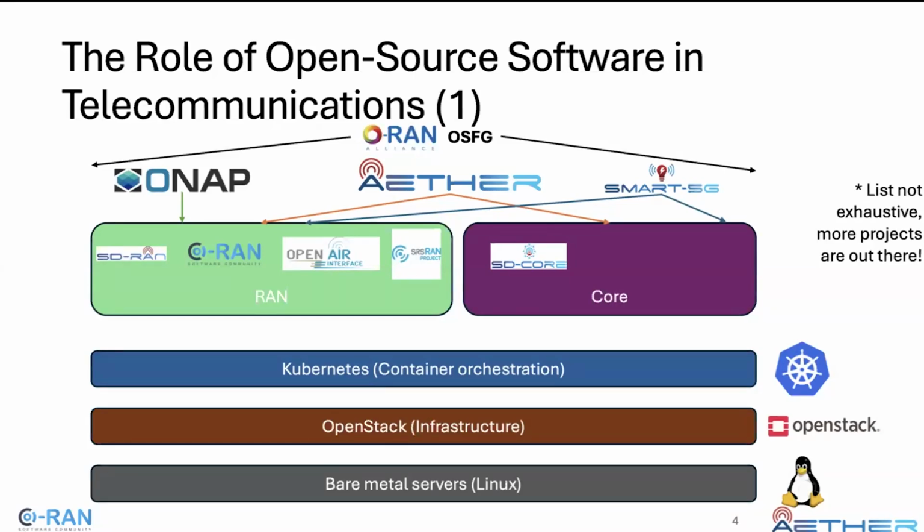It's the Open Source Focus Group, which is a focus group under the O-RAN TSC, dealing with open source related issues for the O-RAN Alliance. It also handles coordination with open source communities, with the goal of providing an open source reference architecture for end-to-end deployment.